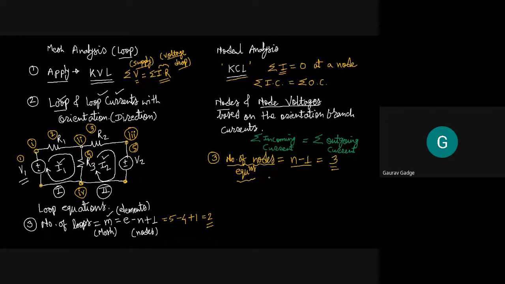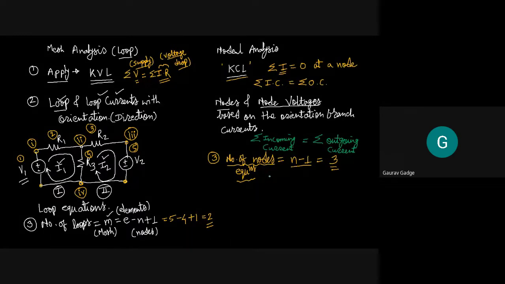For an example, say there is one node connecting 3 branches. This is your node, and this particular node is connecting 3 branches. Here the branch currents are I1, I2, and I3.